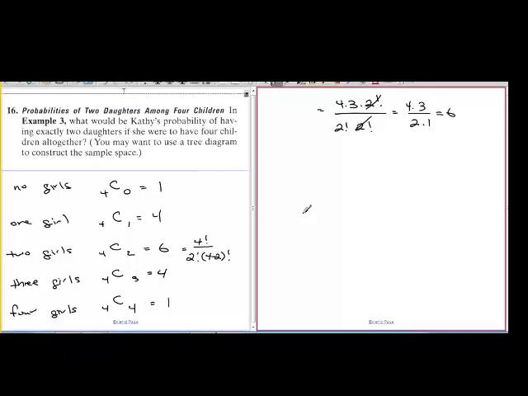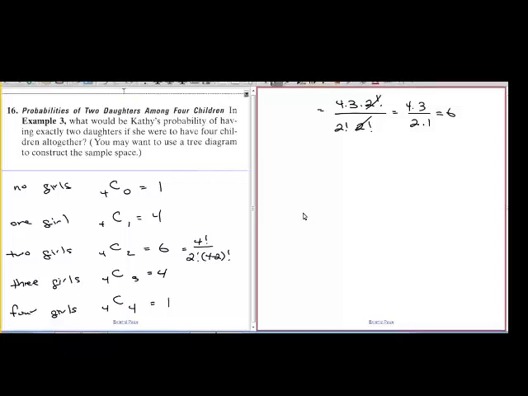The reality is that it's always about 50-50, unless there are some biological reasons that people have more boys than girls or more girls than boys, but in general, you don't get more likely to have something because you've had something before.